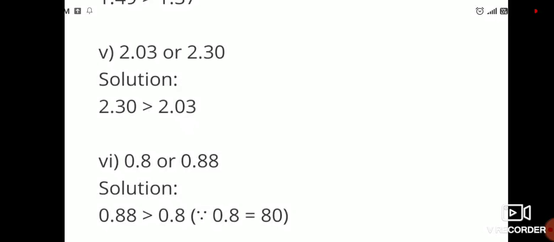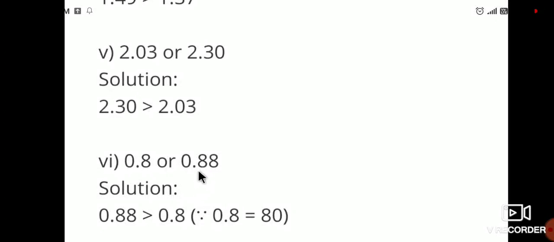Next, sixth one, 0.8 or 0.88. Among these two, the unit place here is 0, here also 0. So the unit place is equal. Next we have to compare the tenths place.